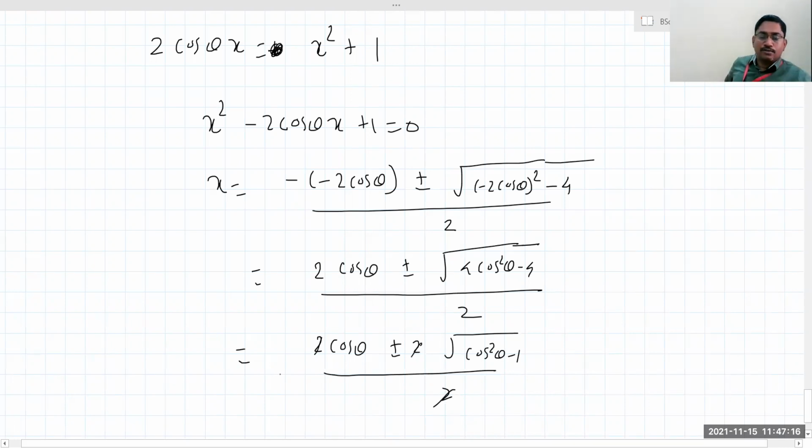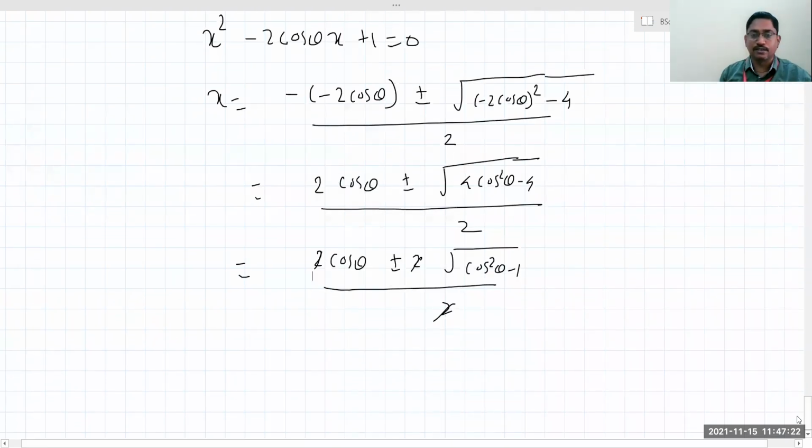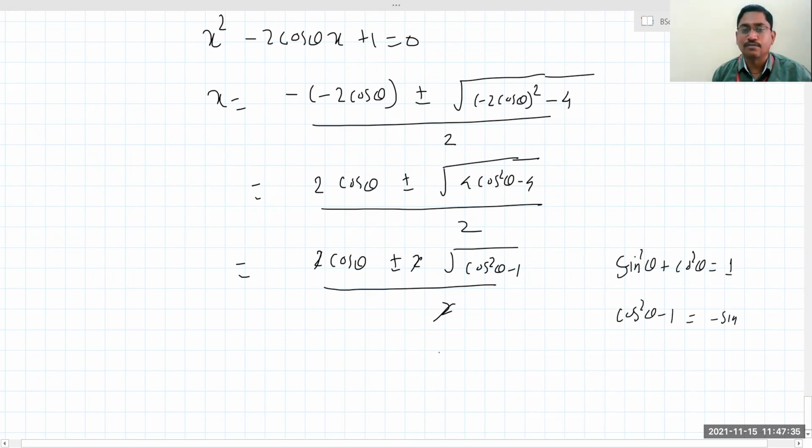And what is the value of cos square theta minus 1? You know sin square theta plus cos square theta is 1. So cos square theta minus 1 is minus sin square theta. Because of that minus sign, the complex number will come into the picture.